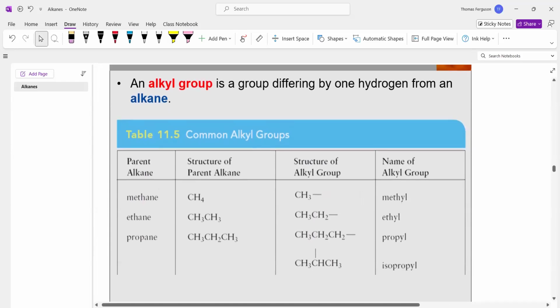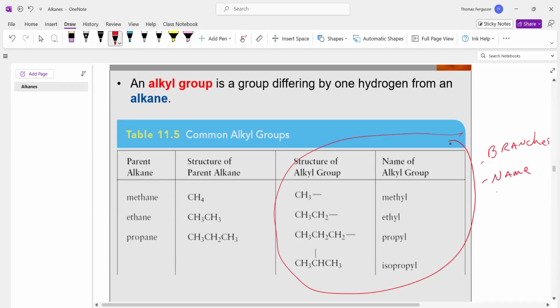An alkyl group basically is an alkane stuck on another alkane. And it's missing a hydrogen because it needs to bond to that original alkane. Okay, so these are typically branches, and this is where the name of the branch comes from.